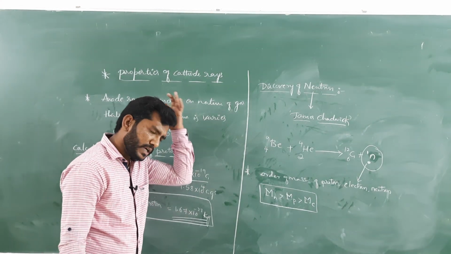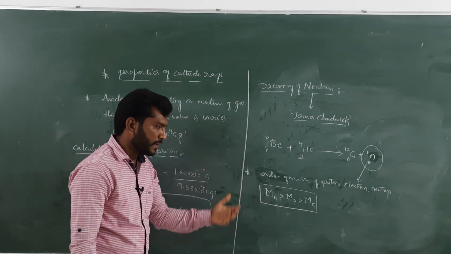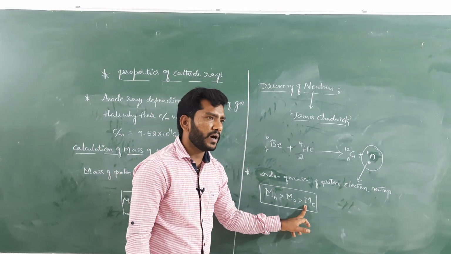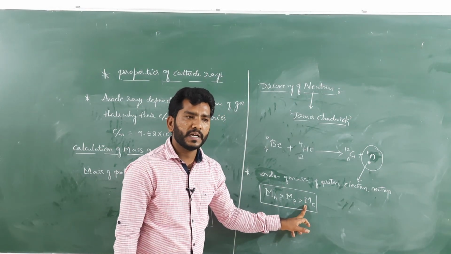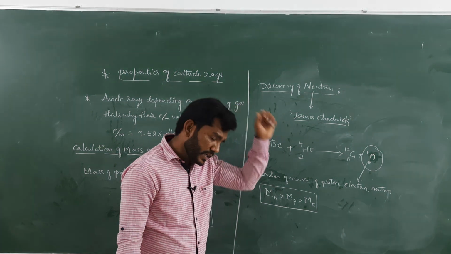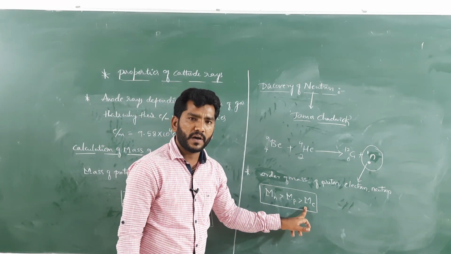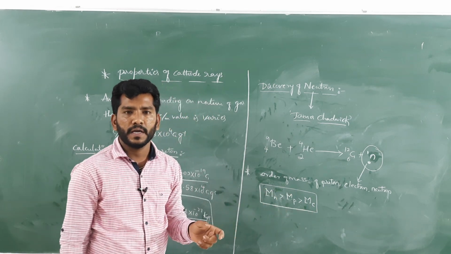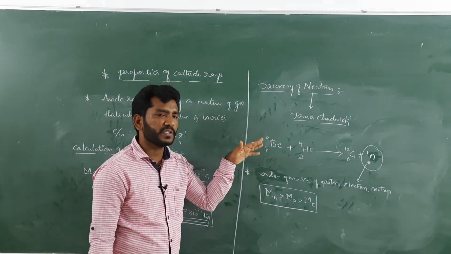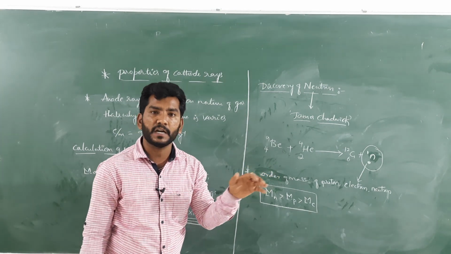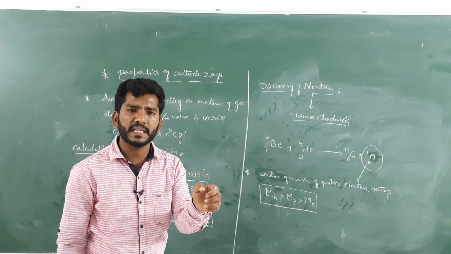How do we know that the mass of the proton is very high compared to the mass of the electron? See what happened during the deflection. The extent of deflection for the proton is very less, whereas cathode rays are deflected very much in the presence of electric and magnetic fields, because they are lighter than the proton.